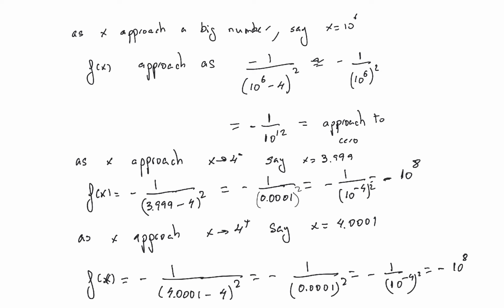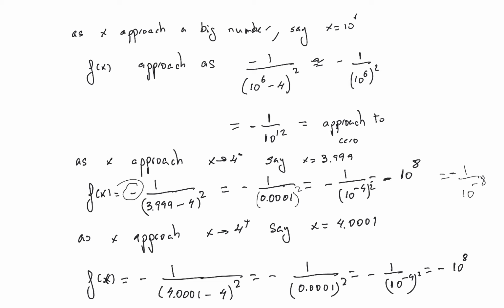So this will be 10 to the minus 4 squared, or 10 to the minus 8, and it will be 1 divided by 10 to the minus 8, and there is a minus sign.